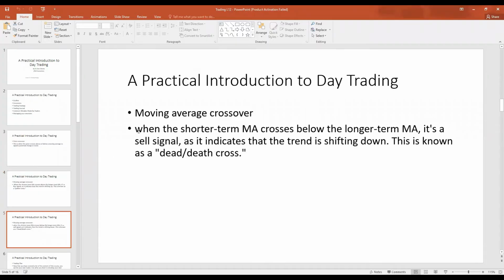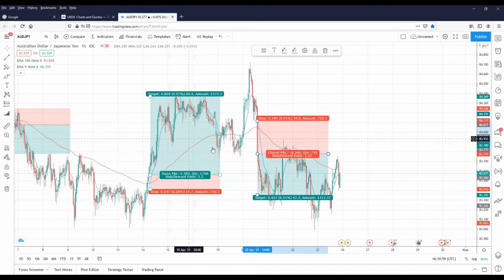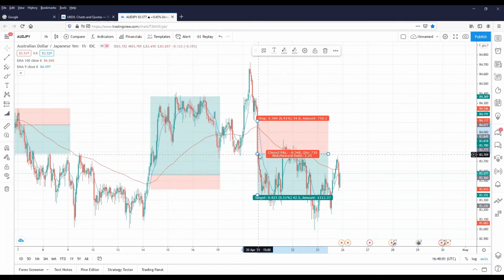When the shorter term moving average crosses from above to below the longer term moving average, this is a sell signal, and it is called a dead cross. We saw it in the previous slides and diagrams. This is a dead cross.